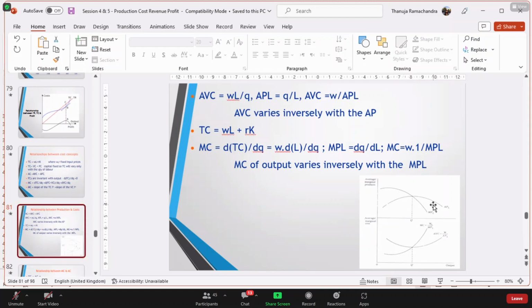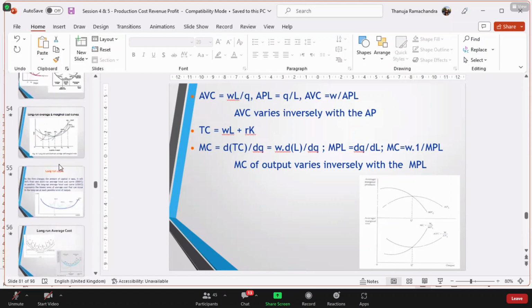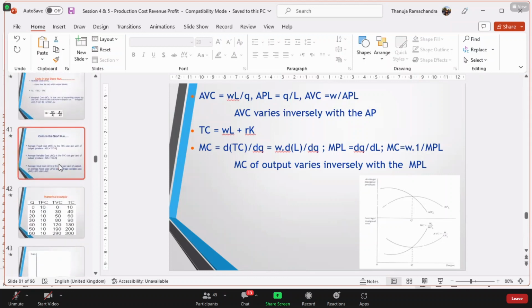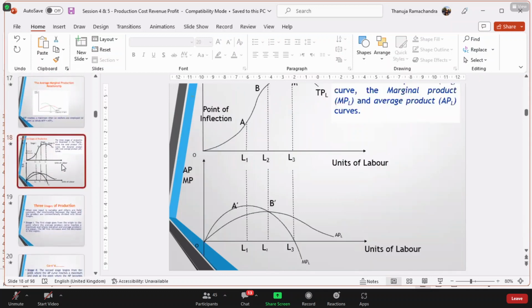Because at this point, the AP intersection is in the second phase. AP falling happens even after the AP maxima, right? So this phase is also falling. Why? Marginal product started falling, isn't it?